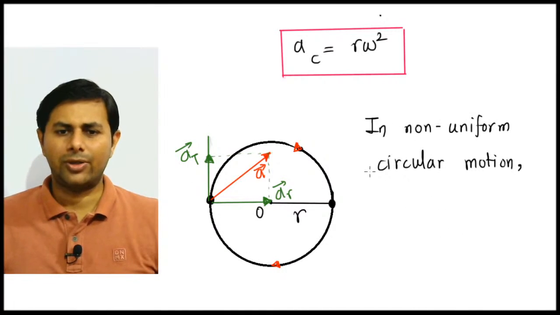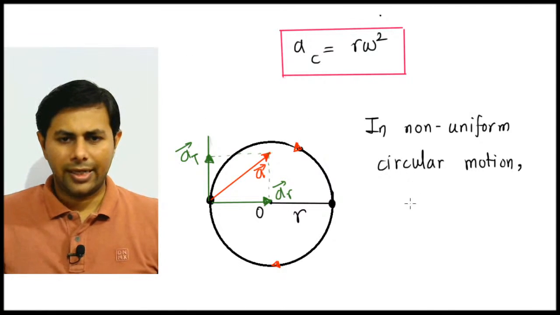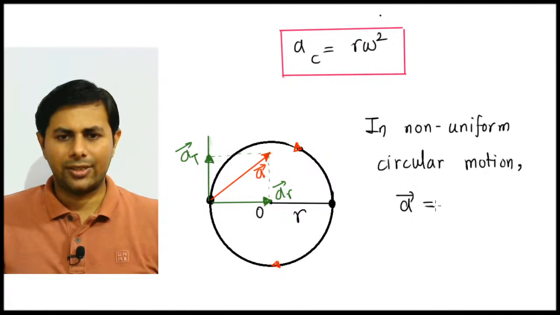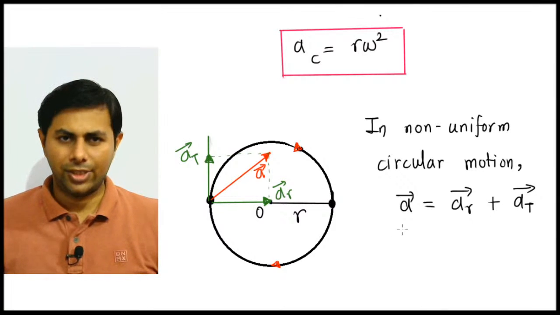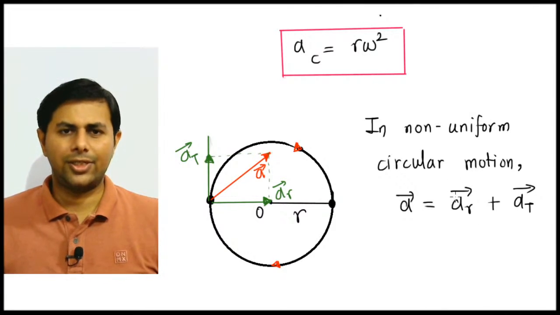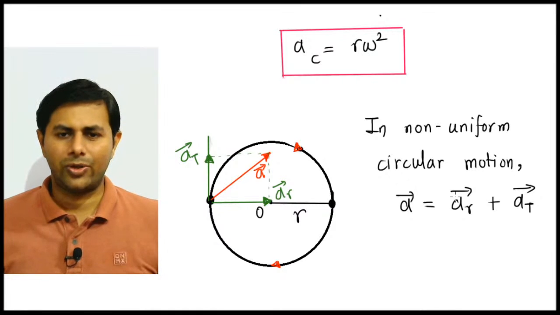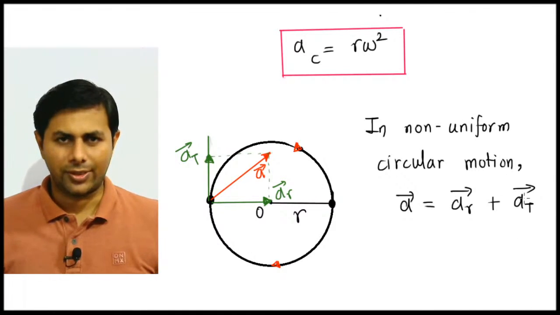So in non-uniform circular motion, the total acceleration a bar is given by the sum of radial acceleration and tangential acceleration. Radial acceleration changes the direction of velocity and tangential acceleration changes the magnitude of velocity.